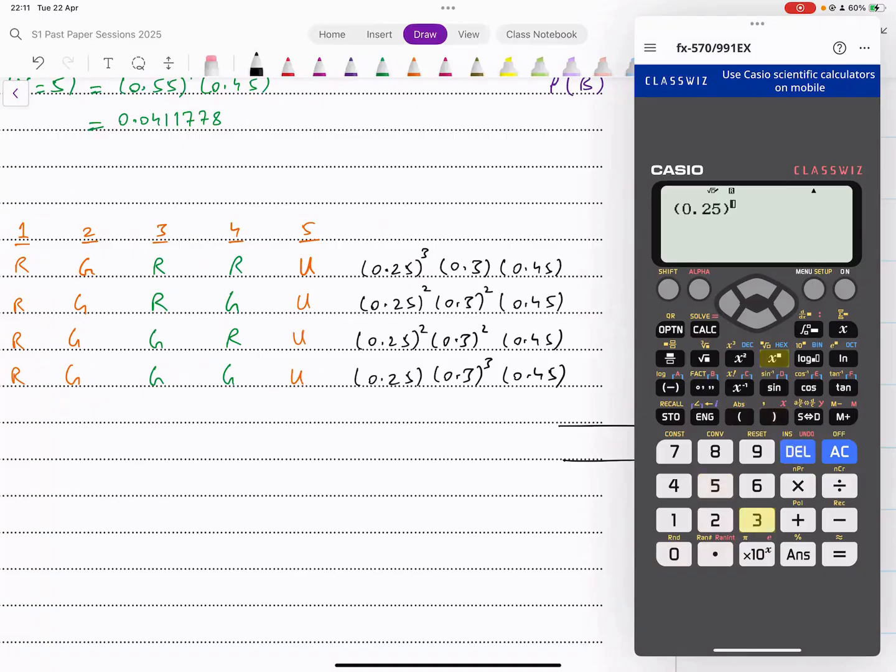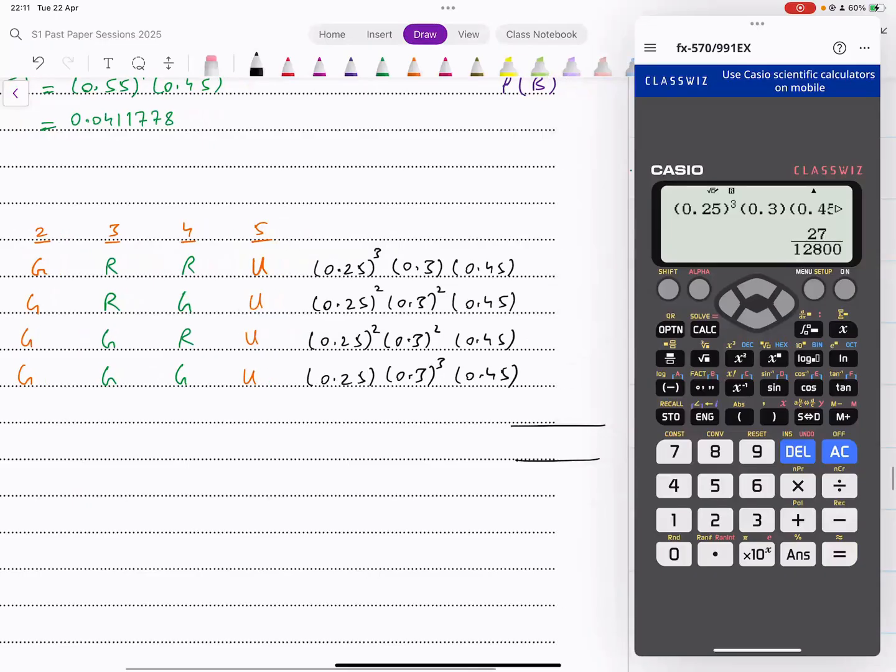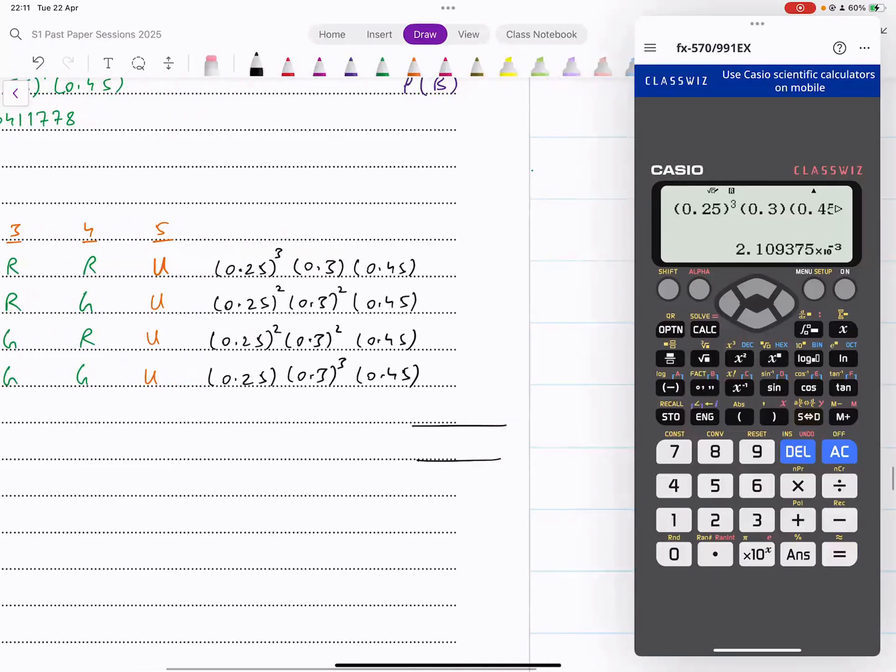0.25 raised to power 3 into 0.3 into 0.45. That's the first case, 0.002109. Then you have 0.25 squared and 0.3 squared.